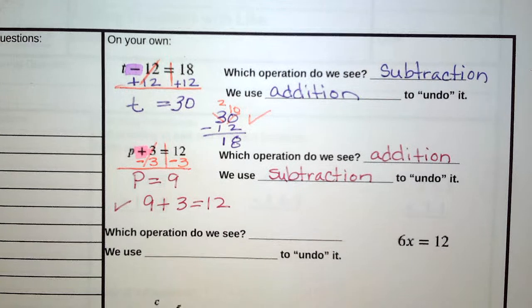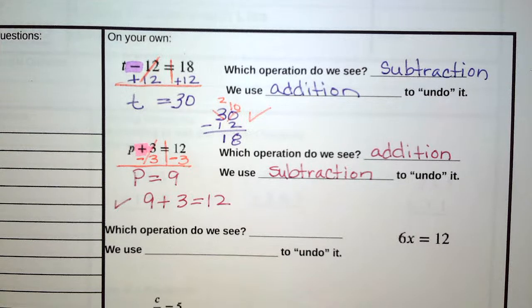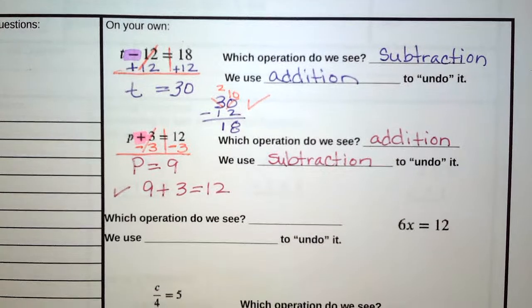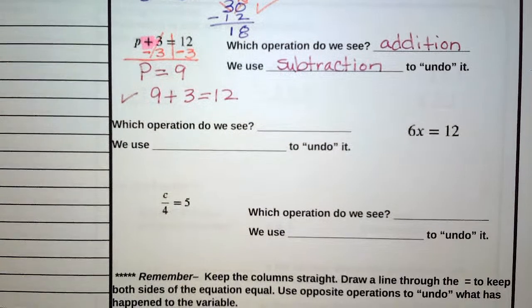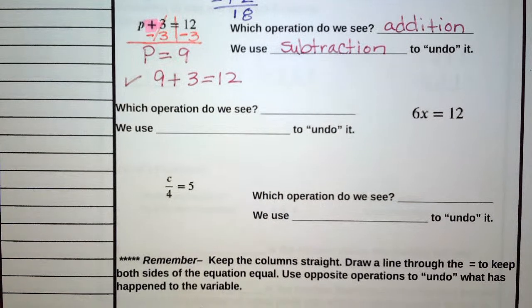Okay, I've done one with addition and subtraction, and you've done one with addition and subtraction. What did we learn to do next with numbers? Multiply, and then we learned to divide. So as we're looking at this one, it is not as in your face as the last one was. 6x means I've multiplied. 6x means 6 multiplied with x.